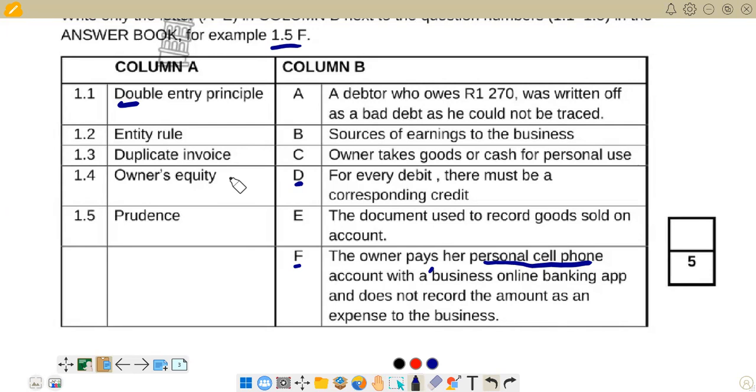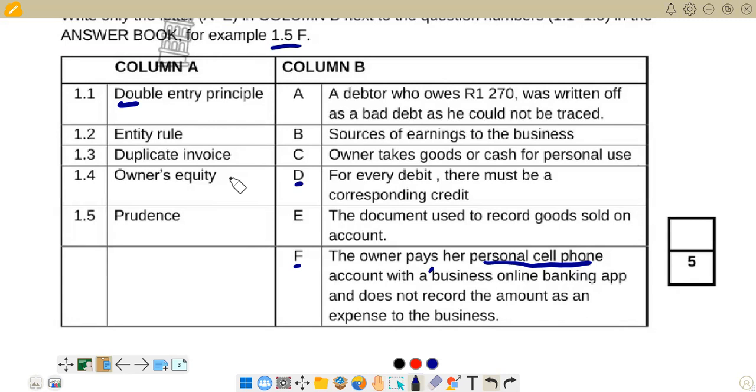A duplicate invoice is when a business receives an invoice more than once with slight differences, such as differences in invoice number, dates, amounts, or even invoice description.